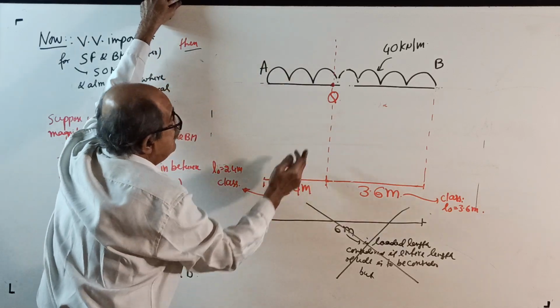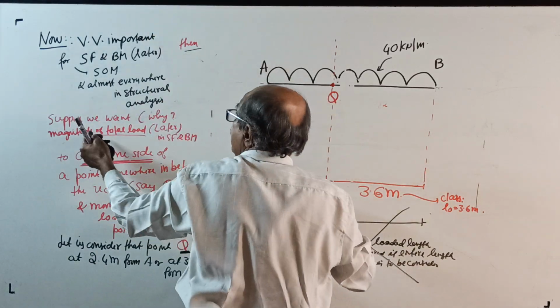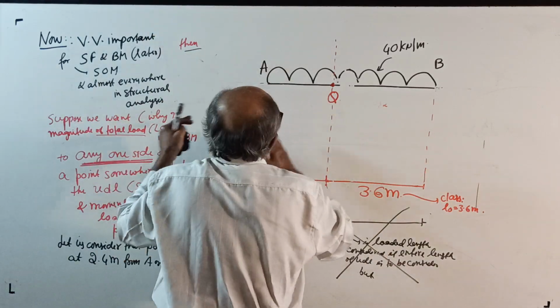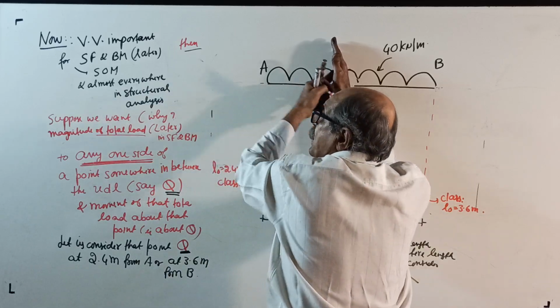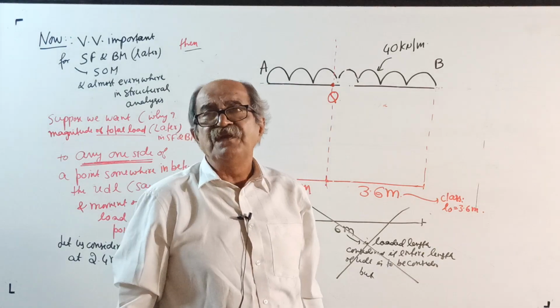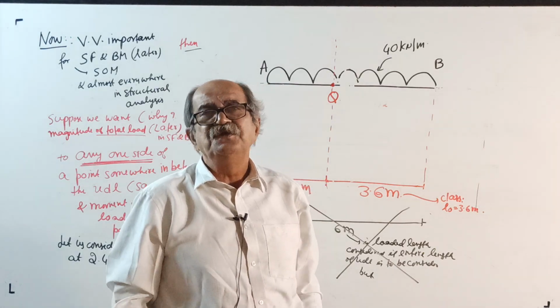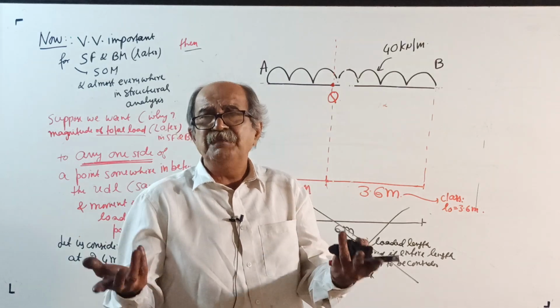See, you should clearly write, suppose, I told already, only from one side. Suppose you decided to look at the left side. Later, remember, you can look at any one side. It's your choice. All this I will tell later, that any one side we will discuss in SFD BMD.